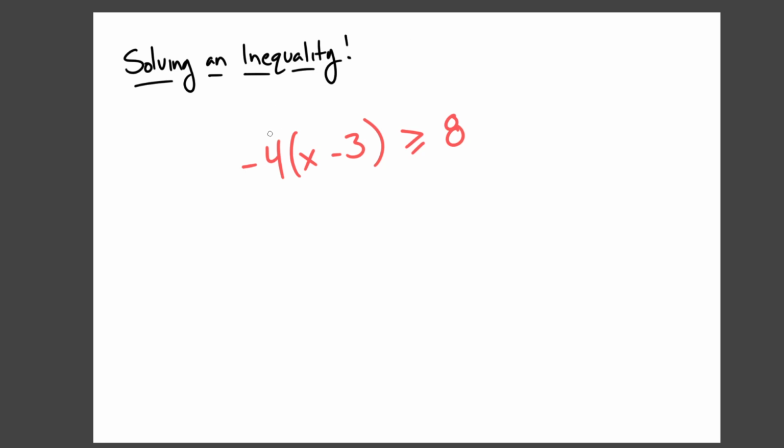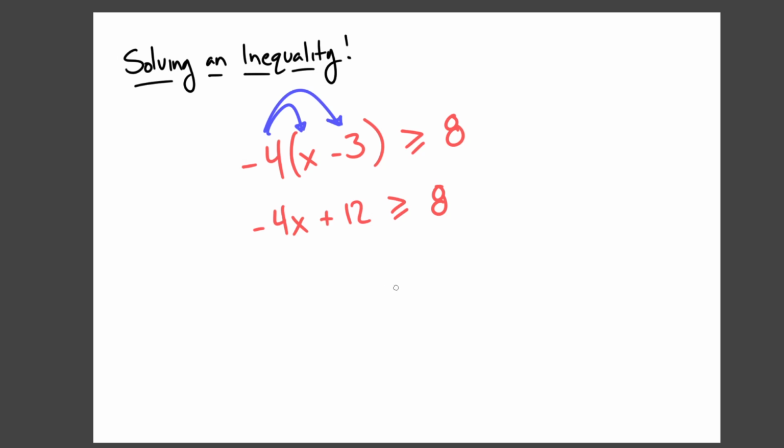To solve this, I have to start off by distributing, multiplying the negative 4 times the x, and the negative 4 multiplied by the minus 3. Negative 4 times the x is negative 4x. Negative 4 times the minus 3 is going to give me positive 12, is greater than or equal to 8.